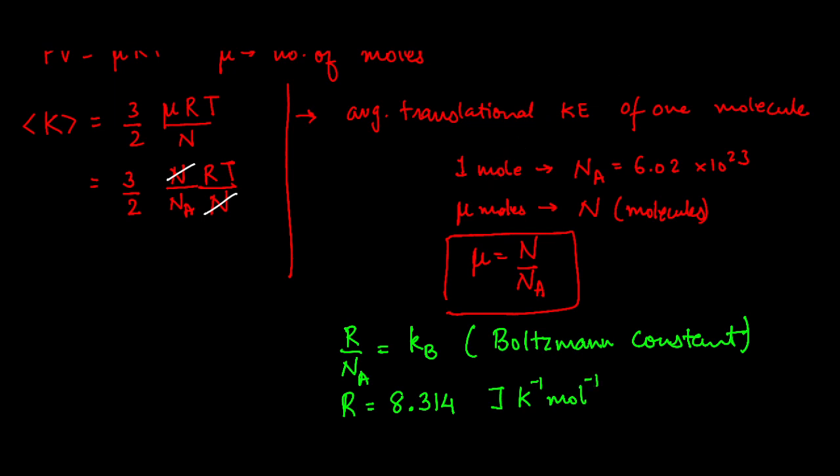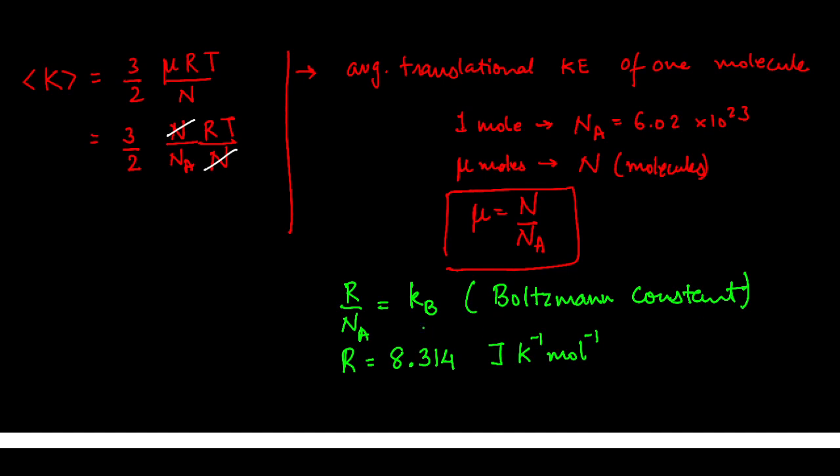If you put that value of R in this equation, so this is also an important equation for us, you get Kb's value. Kb equal to R upon Na is going to be 1.38 into 10 raised to minus 23 joule per Kelvin. So that's the value of Kb. It's an important constant for physics.